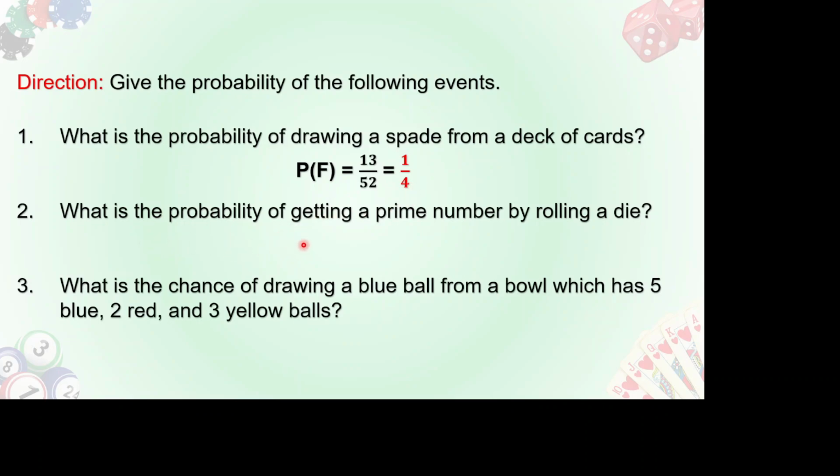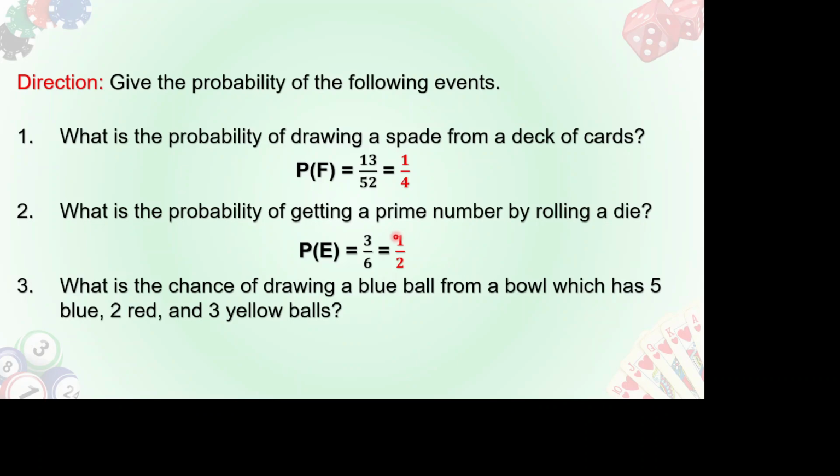What is the probability of getting a prime number by rolling a die? So again, a die is just one piece of die, because if it's plural, it should say dice. Now, what are the prime numbers in the die? Prime numbers are numbers that have only 2 factors, namely itself and 1.